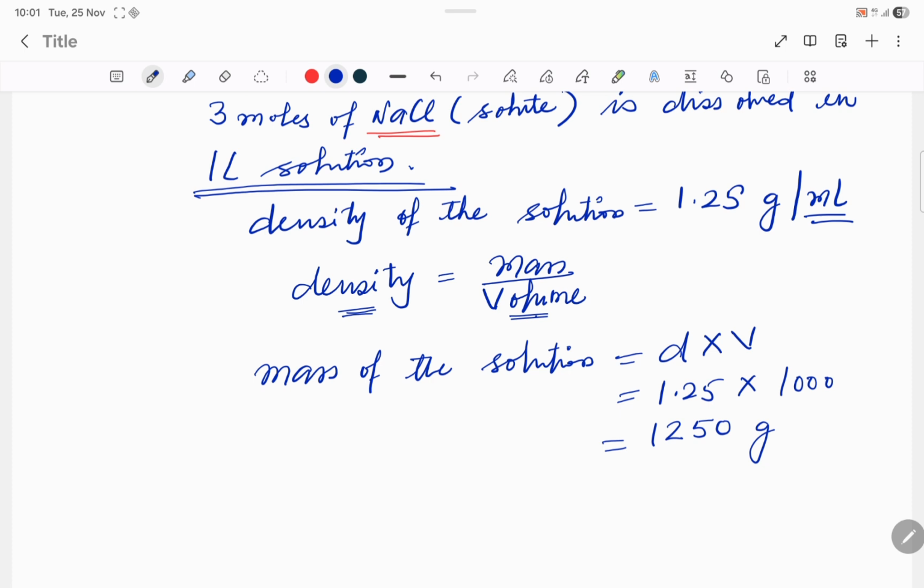So now we know the mass of the solution. We can convert this mass of the solution into kilograms. So 1250 divided by 1000, that is 1.25 kilograms. Okay, this is the mass of solution. Why are we calculating the mass of solution? Because we need to calculate the molality of the solution.